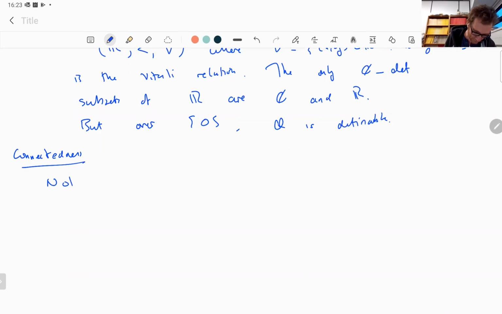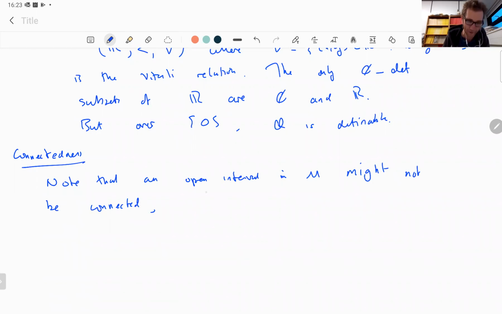So note that an open interval in M might not be connected.